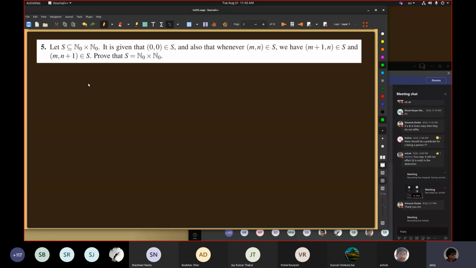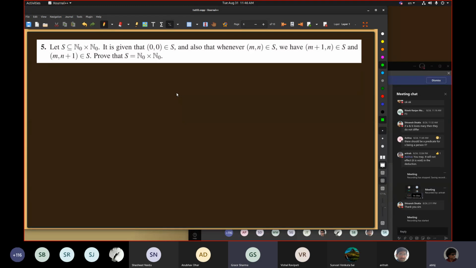So what should be your first line of attack? Base case. Yes, first we will say base case. (0, 0) is kind of the base case.